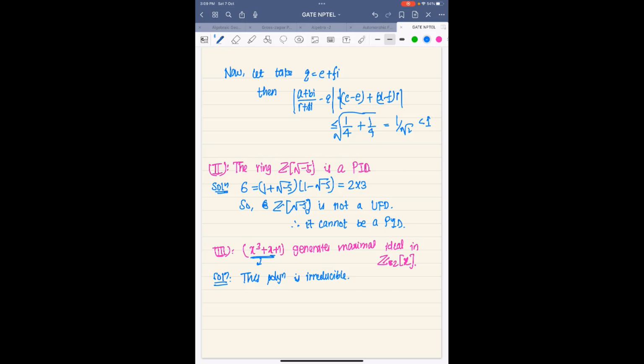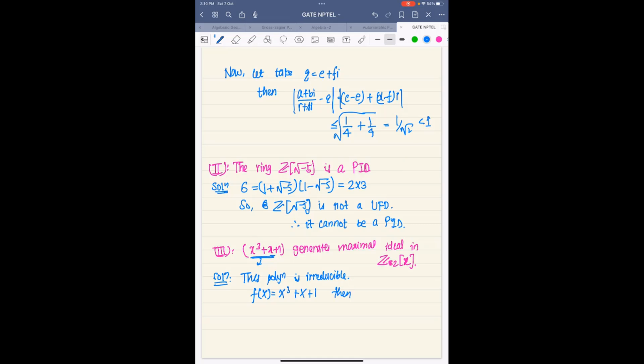Because this is a cubic polynomial, if it were reducible, then it must have a root in Z2. And this doesn't have a root in Z2. Let f of x equal x cubed plus x plus 1.